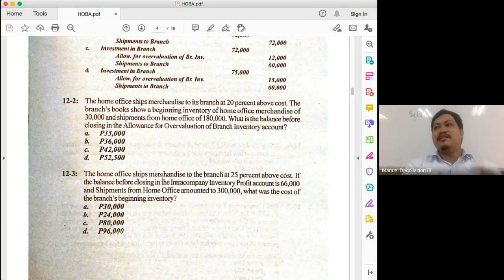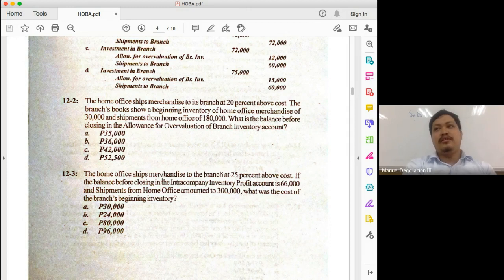So this means, class, that the amount of decrease to the allowance account represents the markup on the goods that were sold. So in other words, the decrease to the allowance account represents the markup on the cost of goods sold of the branch. That's another thing that is very important to remember, class.